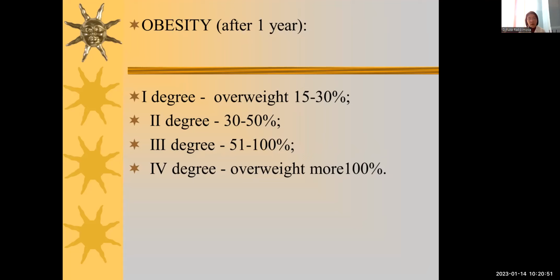Obesity. 4 degrees of obesity. The first degree overweight 15 to 30%. The second degree 30 to 50%. The third degree 51 to 100%. Fourth degree overweight more than 100%.